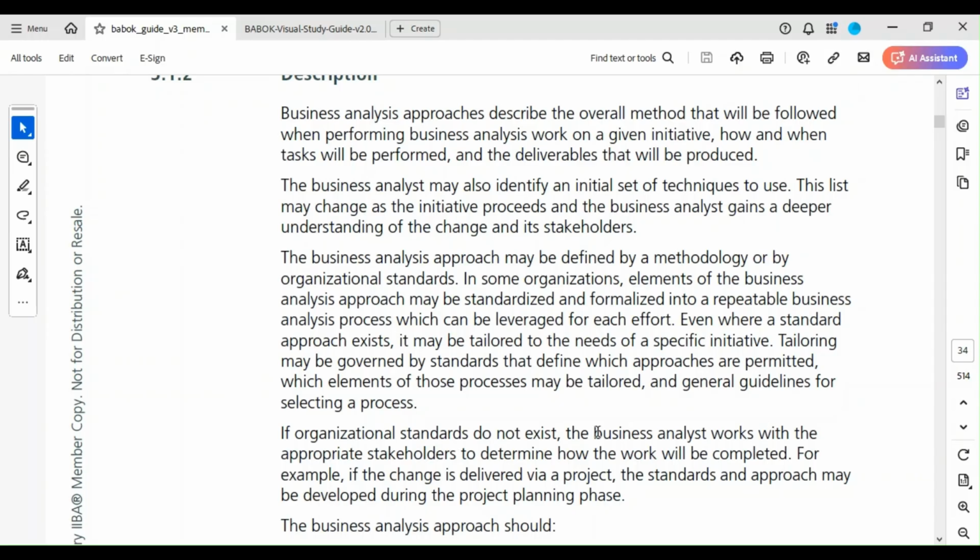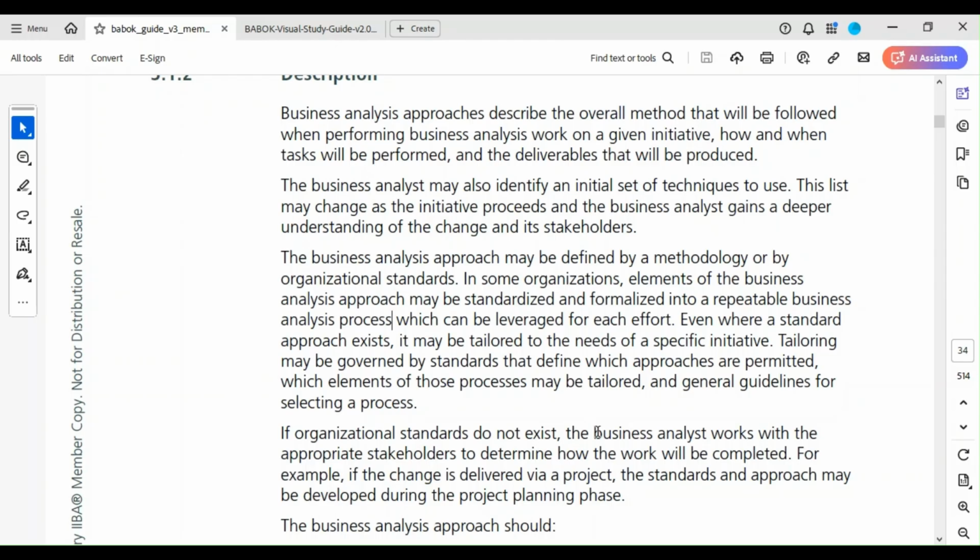So you follow suit. Even where a standard approach exists, it may be tailored to the needs of a specific initiative. Even when they have that standard set down, initiatives are never the same, so you may still need to streamline and tailor it to a specific initiative.